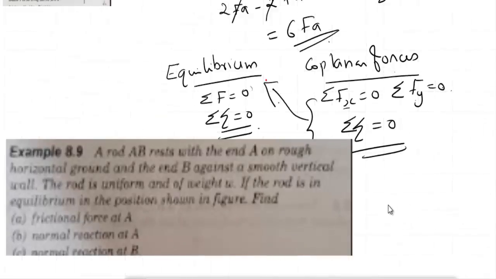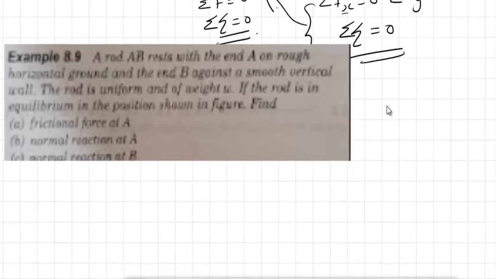The rod is uniform and of weight W. If the rod is in equilibrium in the position shown in the figure, I'll draw that. Find the frictional force at A, the normal reaction at A, and we need to find out the normal reaction at B.